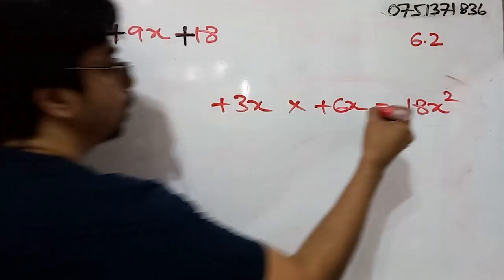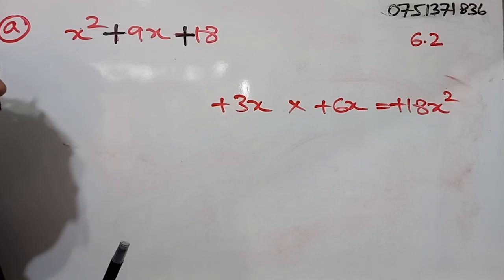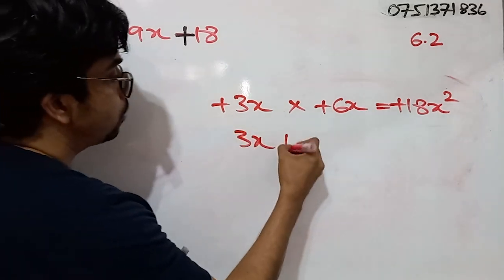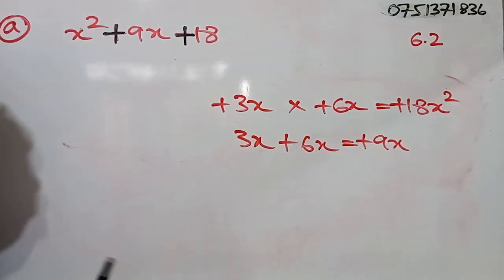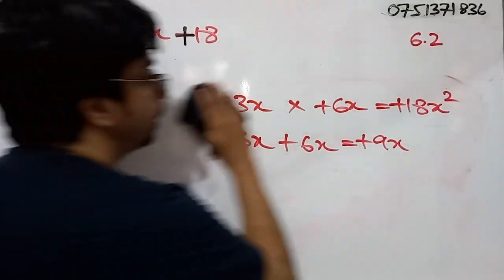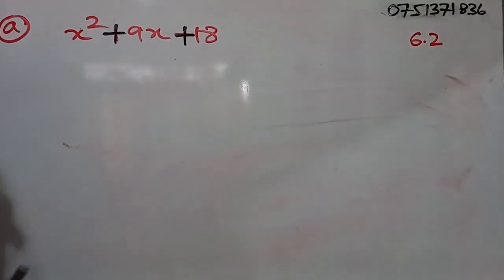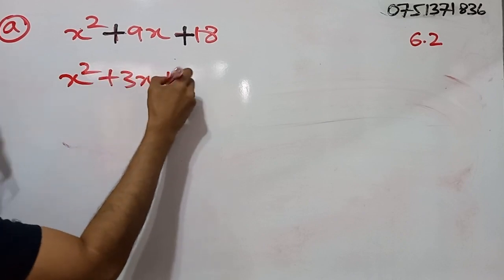Positive. So the outcome is what? Positive 18x square. Right. Now we can think about the middle term. 3x plus 6x. What do we get? 9x. And also it's a positive value. So definitely, what are the two factors? 3x and 6x.